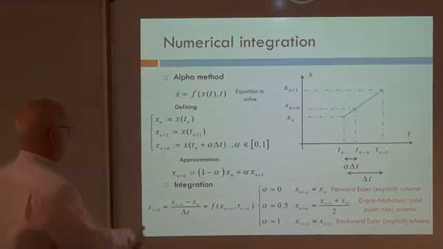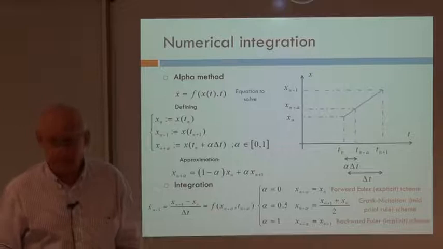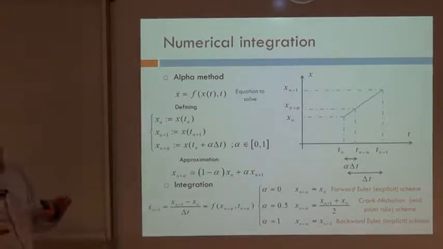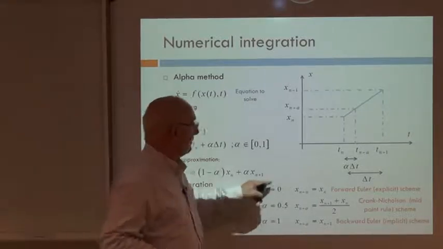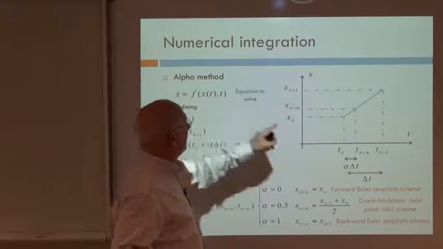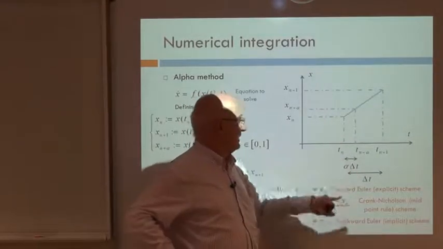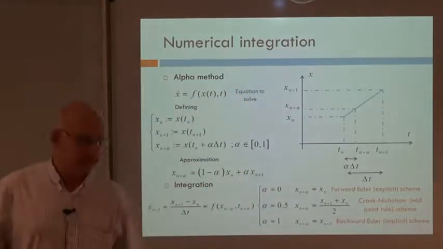And then from this equation I can just solve for xn plus 1 in a trivial manner. That is maybe the simplest way of doing it, maybe also the least accurate. For alpha equals 0, evaluation of the right-hand side at the initial of the time step is called the explicit or also forward Euler scheme.